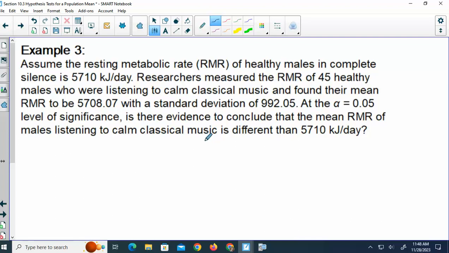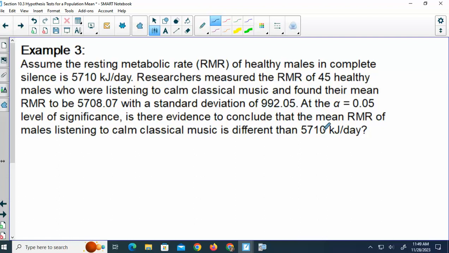Researchers measured the RMR of 45 healthy males who were listening to calm classical music and found the mean RMR to be 5,708.07, the standard deviation of 992.05. At the alpha equals 0.05 level of significance, is there evidence to conclude the mean RMR of males listening to calm classical music is different than 5,710?